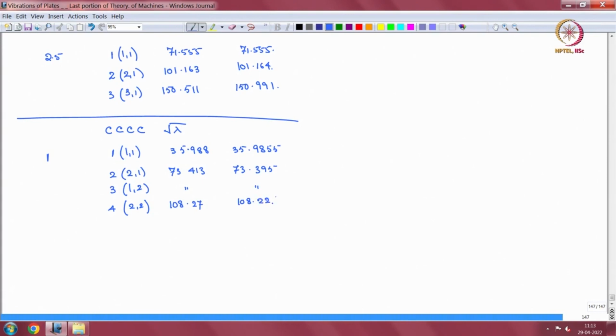108.22. If you choose a ratio 1.5, first mode 1,1 is 60.772, this is 60.762. Then second mode is 2 comma 1, 93.86, 93.835.